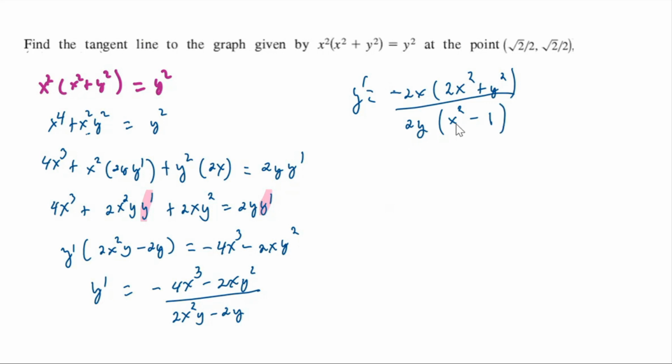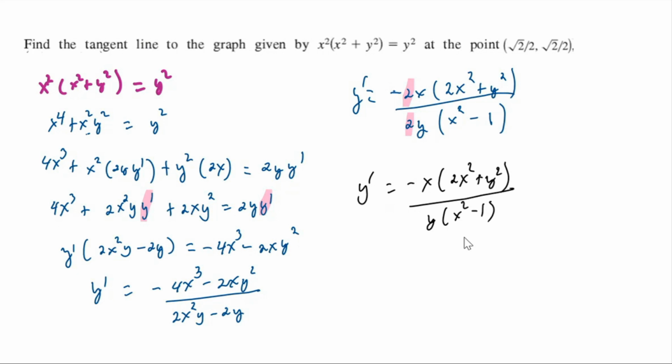So 2y times x squared is 2x squared y, and 2y times negative 1 is negative 2y. So very obvious that we can cancel the 2 and 2 here in the denominator. So we have now y prime is equal to negative x times (2x squared plus y squared) all over y times (x squared minus 1).